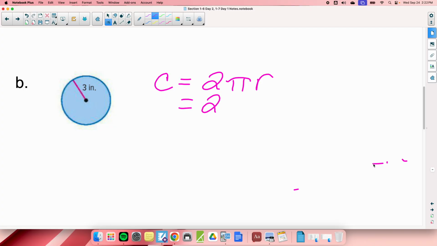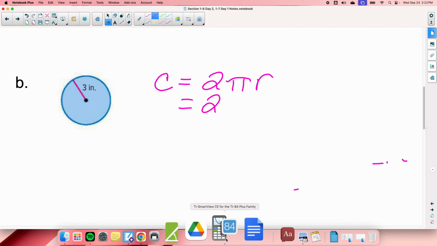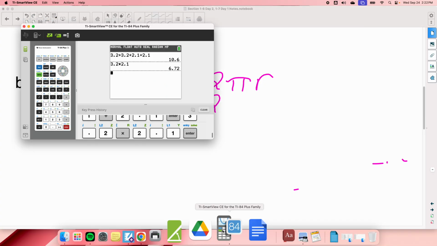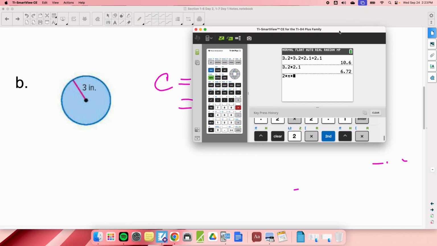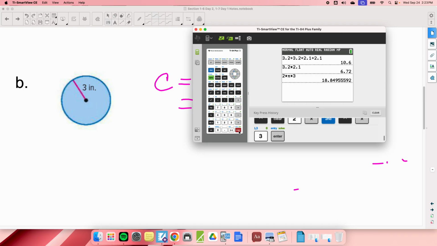If you are using a graphing calculator, that is a little bit harder to find. The pi key is right above this up arrow, okay? So you'd go 2 times. To get pi on a graphing calculator, you go second, and then you hit that up arrow, and you get pi. Sander, please turn around. And then it's times our radius, which is 3. And you should get 18.85.